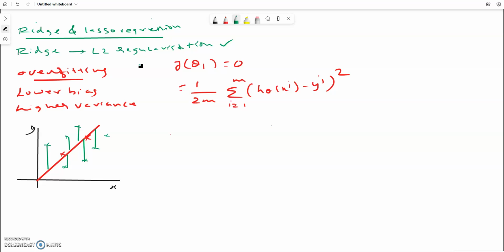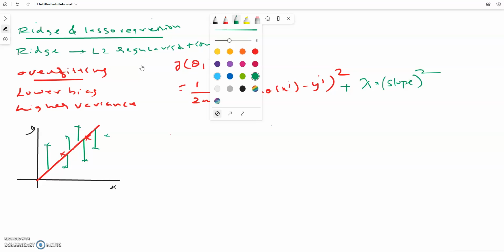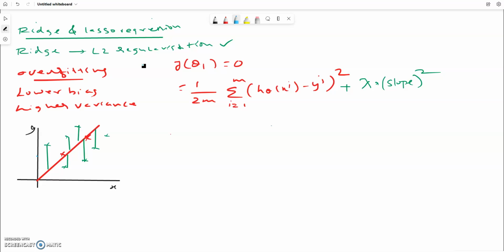In order to avoid the overfitting problem, we add something called lambda times slope whole square. This will give another line. Let me take a new color. So this time I draw some other line like this.